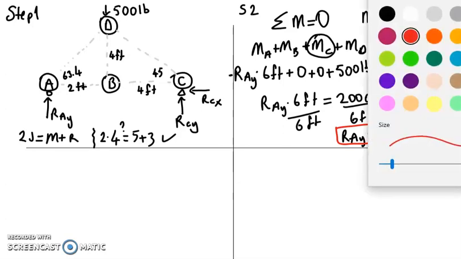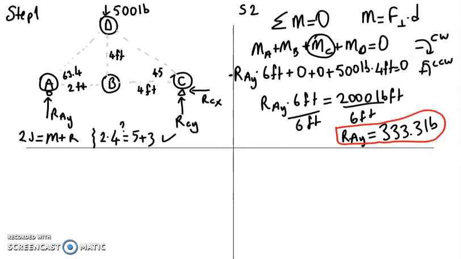Okay, so right now let's go to step 3. On step 3, let's apply the total forces. Total forces in the x direction should equal 0, right? And total forces in the y direction should also equal 0.